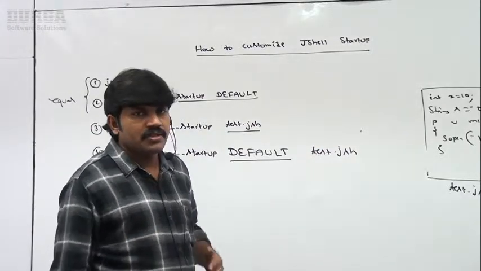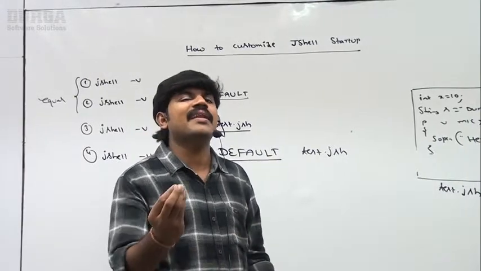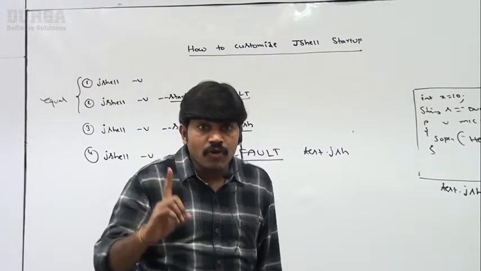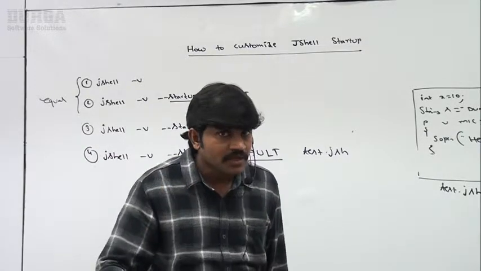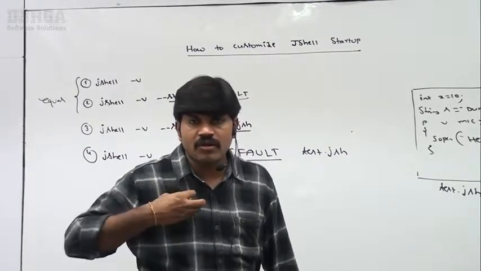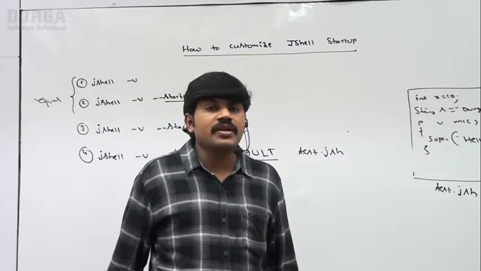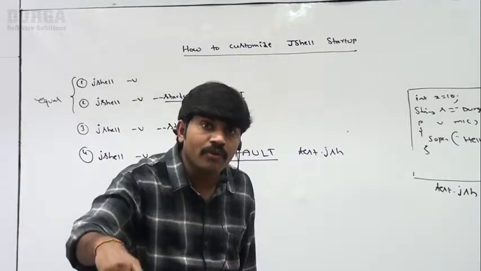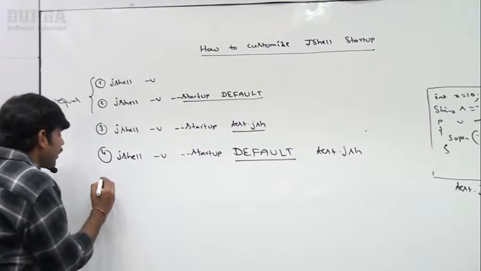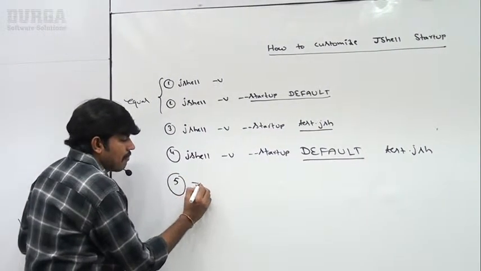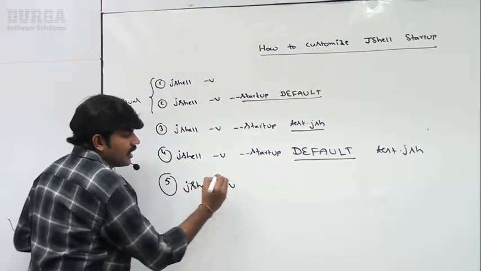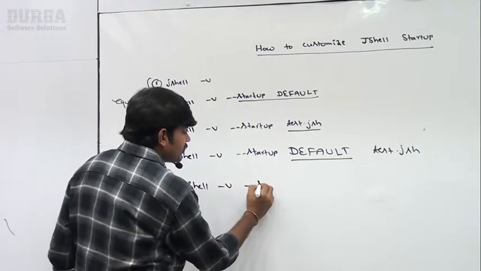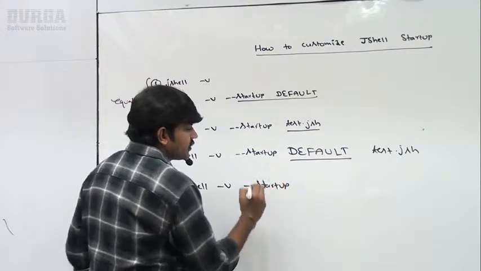Now my question is, sir, I don't want only 10 default packages. I want all 173 packages present inside, sir, Java SE. I want all of them in my JShell. I don't want to write a single import statement. How can you do that? Okay, can you please guide? Yes, can you please guide? JShell -v -startup.